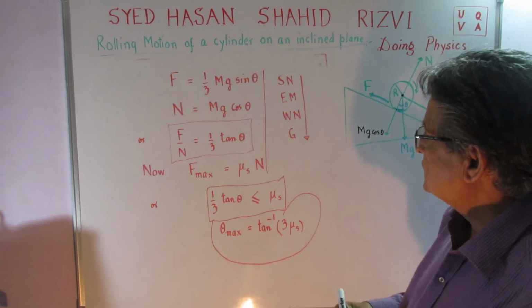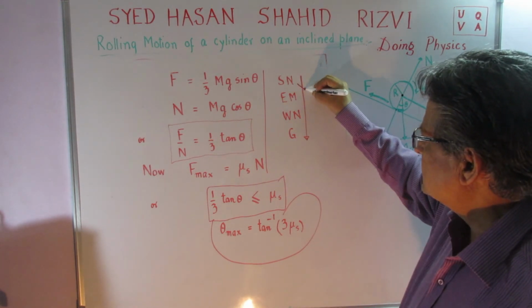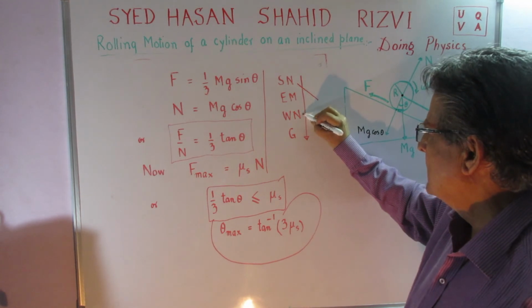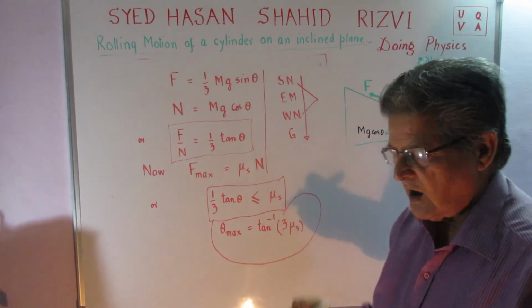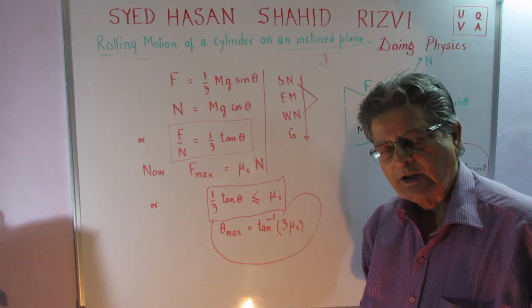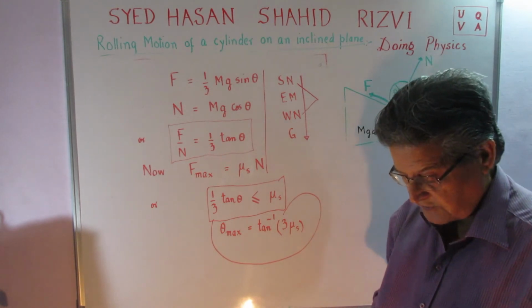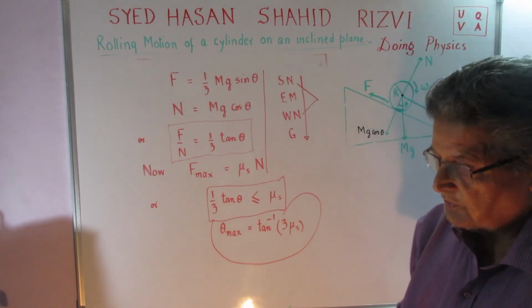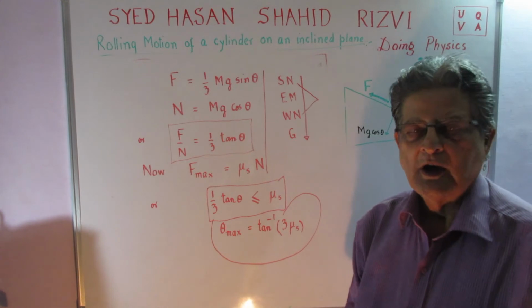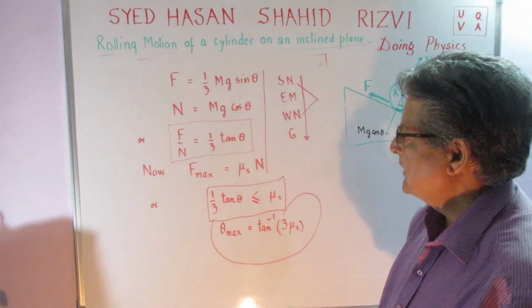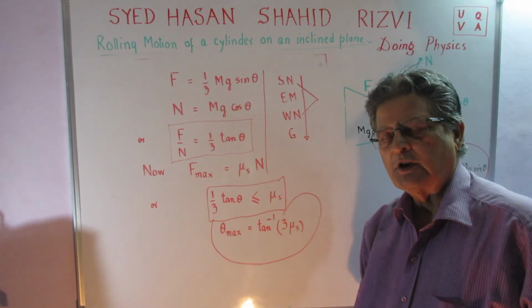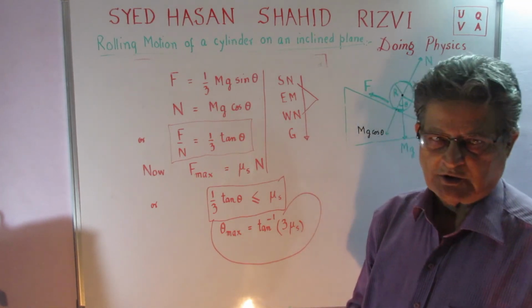But remember, I just want you to recall that these two forces are very, very short range forces. Short in the sense that it's of the order of the size of the nucleus, and the size of the nucleus is 10 to the power of minus 15 to 10 to the power of minus 14 meters.